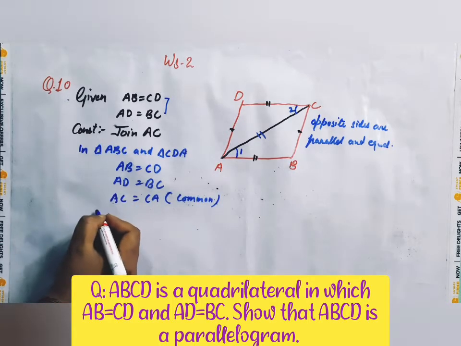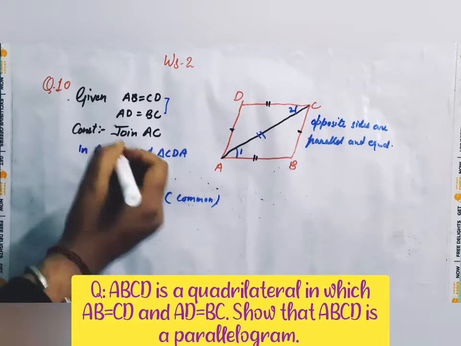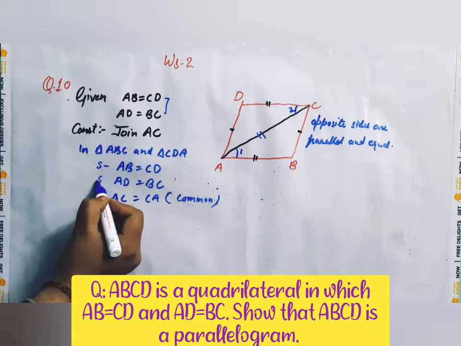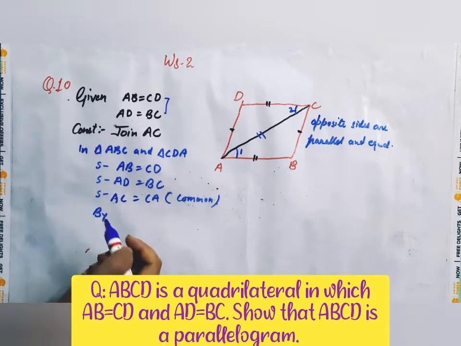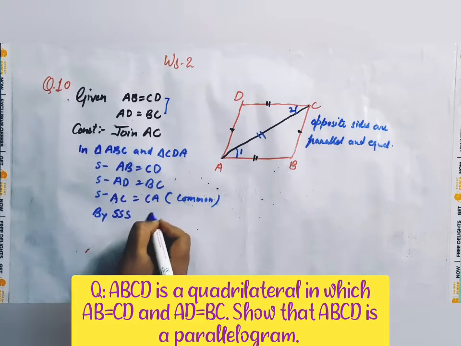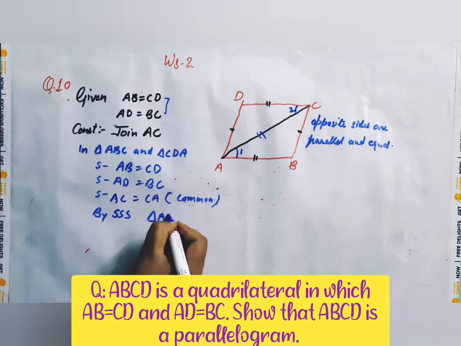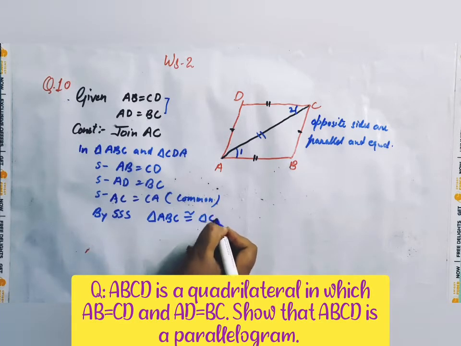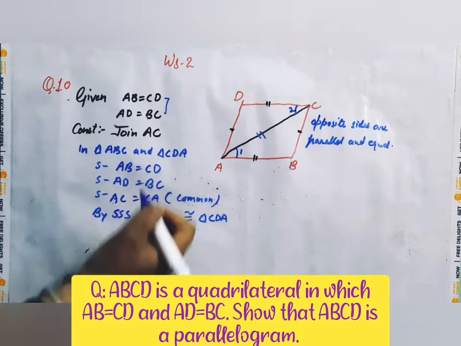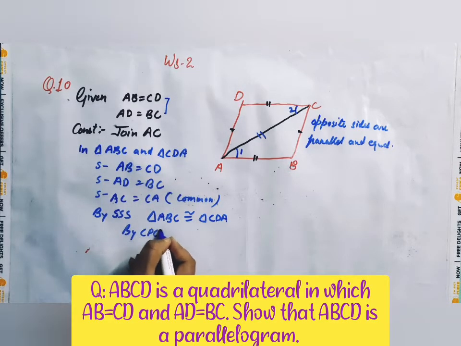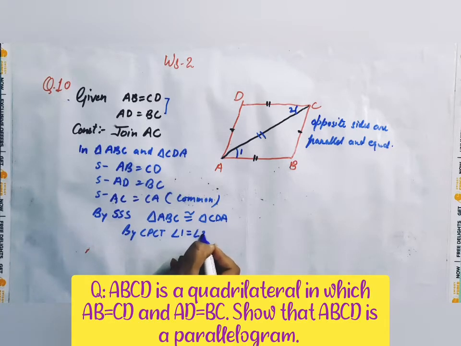Therefore, which congruency condition will be used? This one is side, this one is also side, this one is also side. So by SSS, triangle ABC is congruent to triangle CDA. Now, by CPCT, angle 1 will be equal to angle 2.